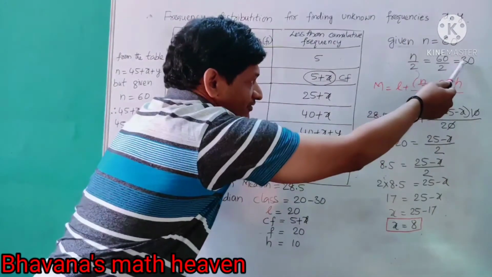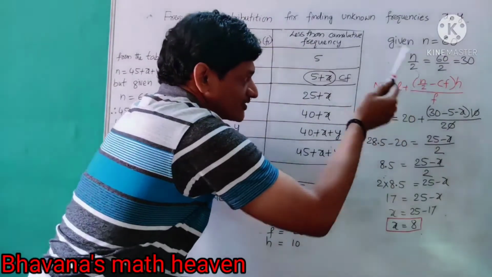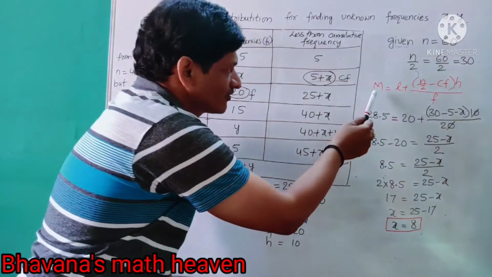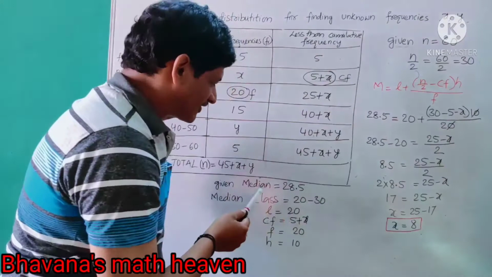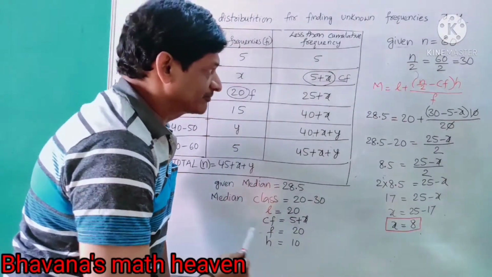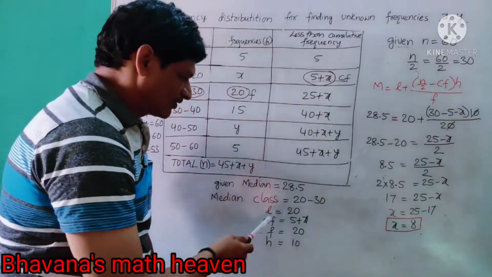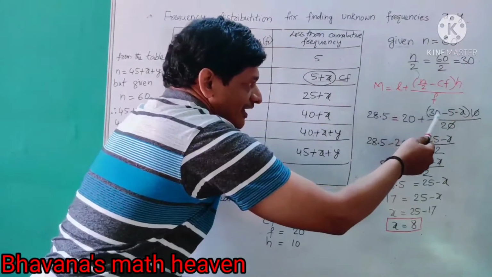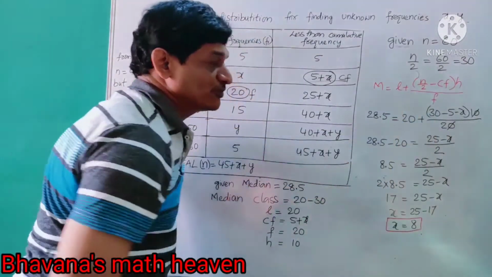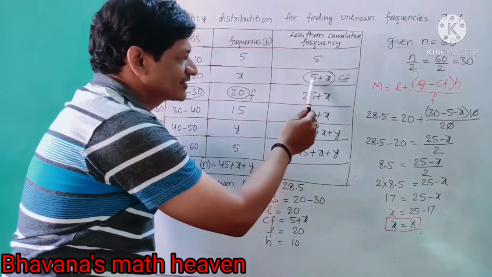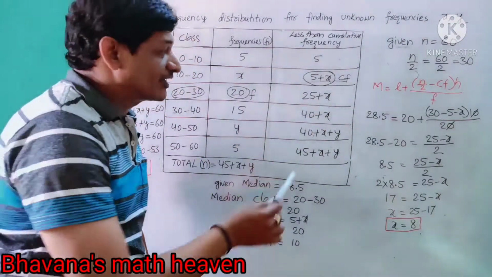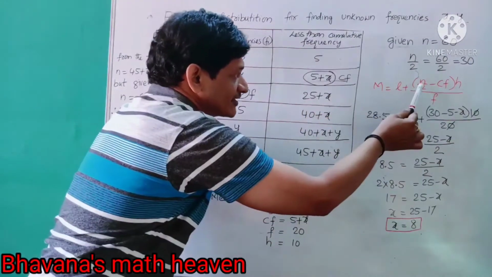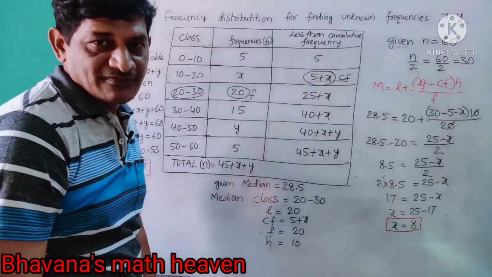This n by 2 value 30 is to be substituted in this formula. So now median value 28.5, that is given in the problem, and lower boundary is 20, n by 2 value is 30, and coming to CF, cumulative frequency is 5 plus x. You have to subtract this cumulative frequency from n by 2 value.